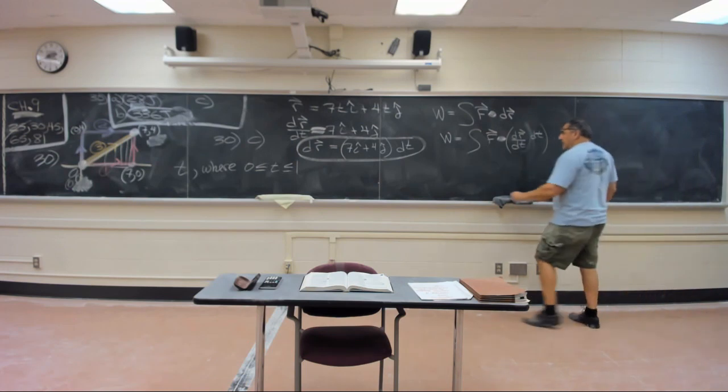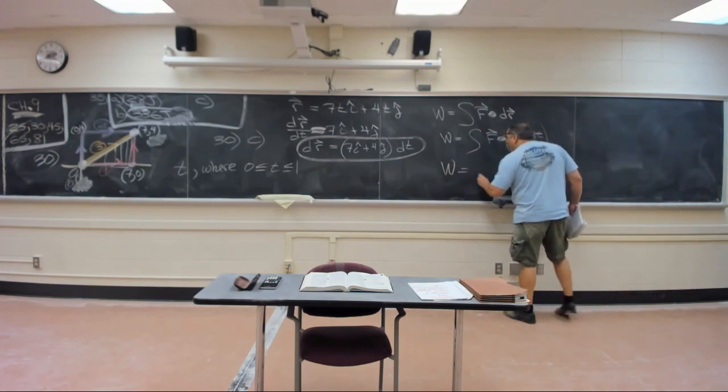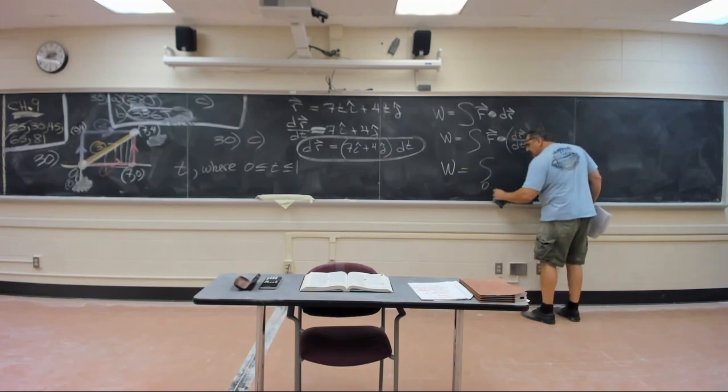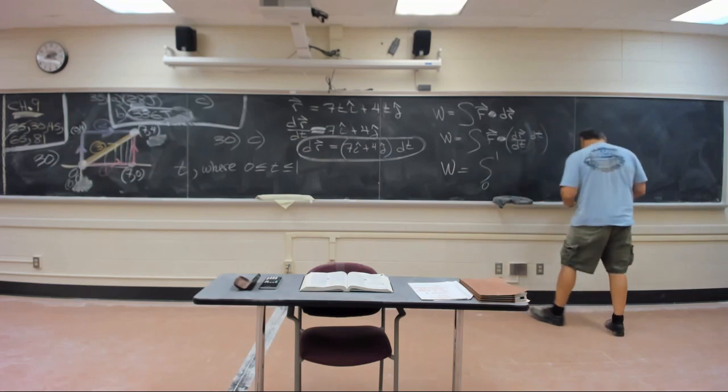Okay, if that's the case, let's take a walk. From 0 to 1 is the t's, guys. t equals 0 to t equals 1. Here goes.